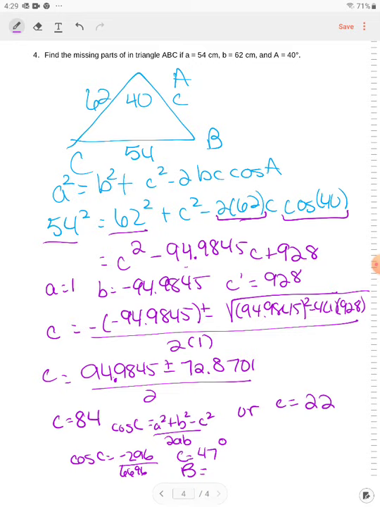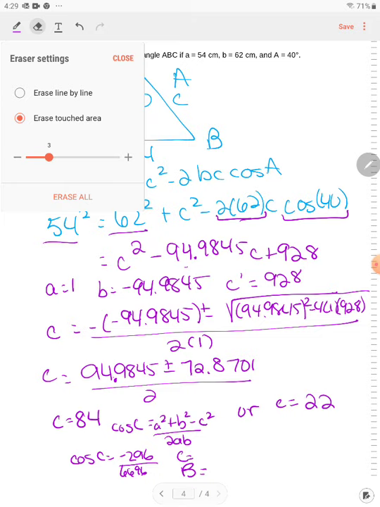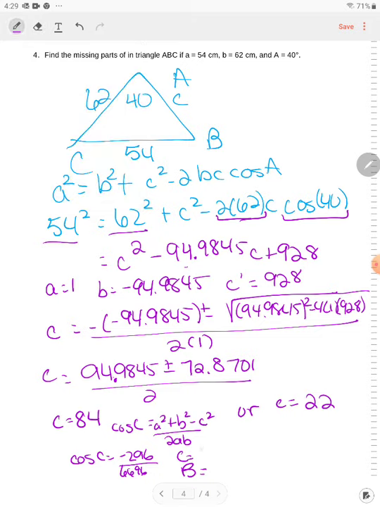All right, I am sorry, I accidentally hit a decimal here when I was checking. Let me do cosine inverse of negative 296 divided by 6696 is 93 degrees. Okay. I was looking at my answer key and I had these switched. So this should be 93 degrees. And then when you do 180 minus 93 minus 40, angle B is 47 degrees. Okay. So those are the two angles and the side for one of your triangles.